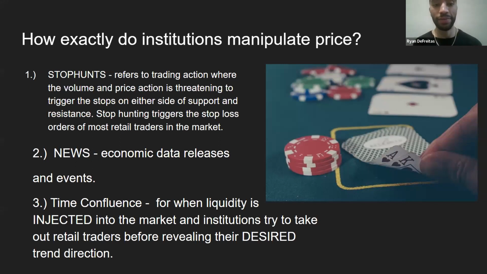It's ridiculous. And then the last thing is the time confluence, meaning that at certain times, they're just going to amplify the volume in the market. They're going to inject a shot real quick, boom, to fake you out. And if you understand the AMD, that's when they're manipulating, because they're pushing the market down.